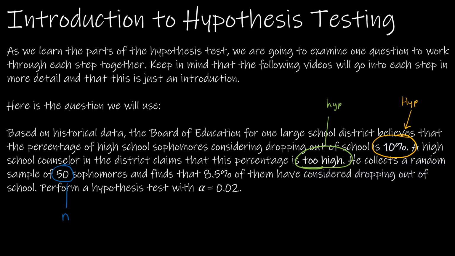And finds that 8.5% of them, and 8.5% is sample data, and it's a percentage, so I'm going to label that p hat, have considered dropping out of school. Perform a hypothesis test with alpha equals 0.02, and that's the level of significance, and that's something we'll talk about more in a little bit.